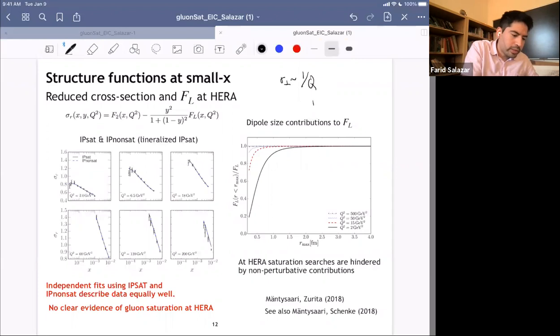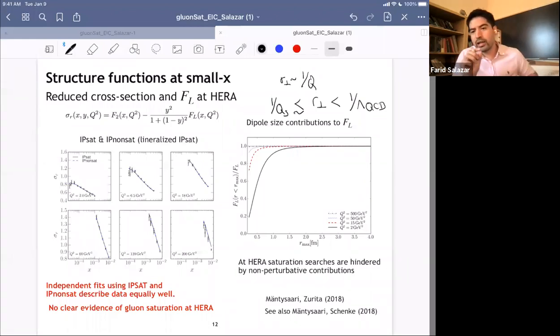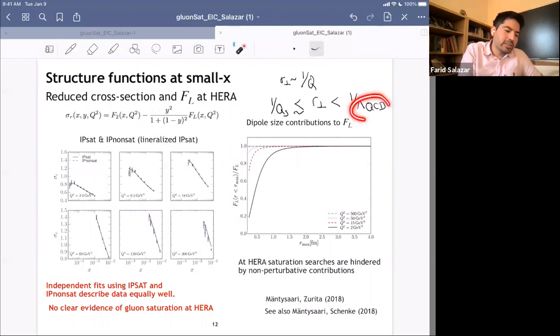You want this resolution to be not much larger than 1 over lambda QCD, because you get into the non-perturbative regime, but also not much smaller than 1 over Q_S, because if you get to very small scales, you're not in the dense regime anymore. And at the energies of HERA, the difference between these two is not too large. So this window is very small, so the contribution from gluon saturation is expected to be small.